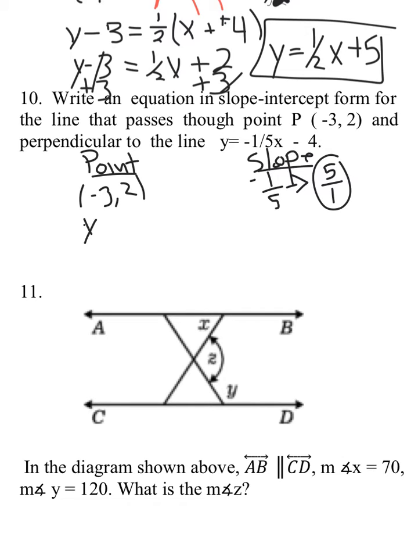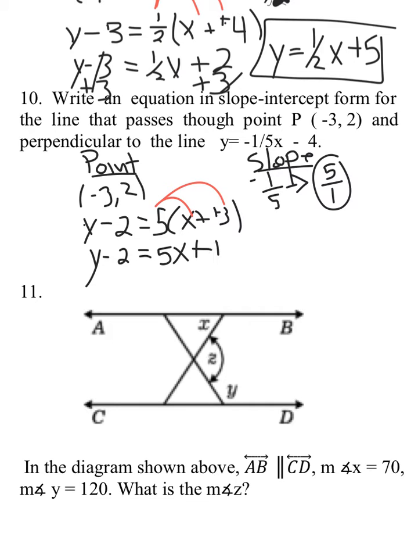Right? y minus y sub 1 equals slope times x minus x1. That becomes plus. Distribute: y minus 2 equals 5x plus 15, plus 2, y equals 5x plus 17. And there you go.